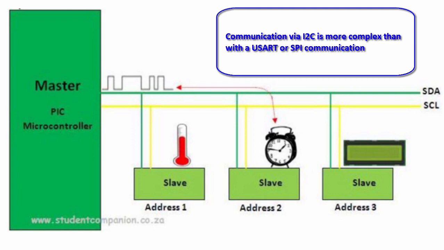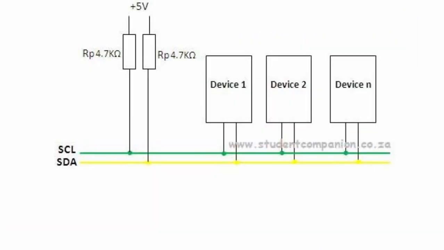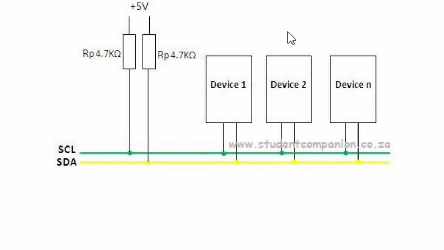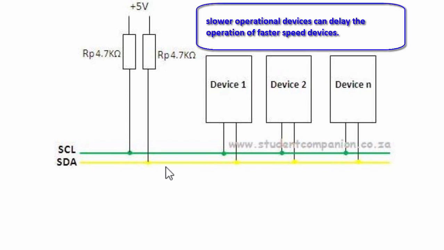The signaling must adhere to a certain protocol for the devices on the bus to recognize it as valid I2C communication. I2C draws more power than other serial communication buses due to the open drain topology of the communication line. Since devices can set their communication speed, slower devices can delay the operation of faster devices.